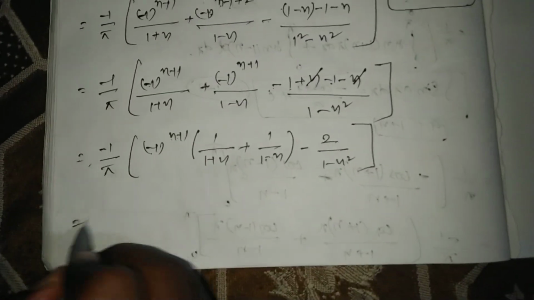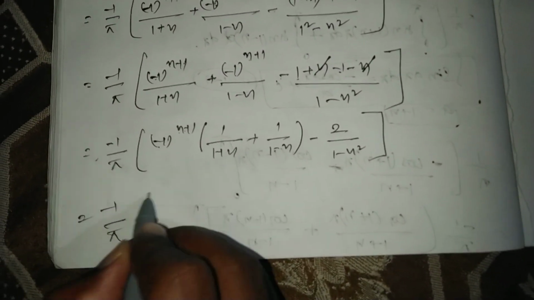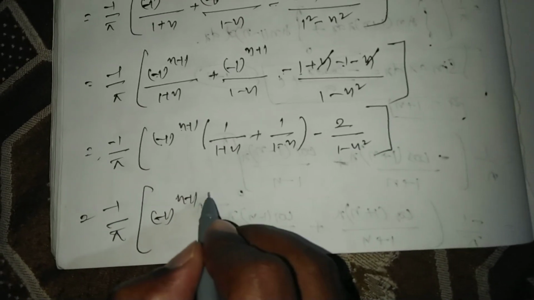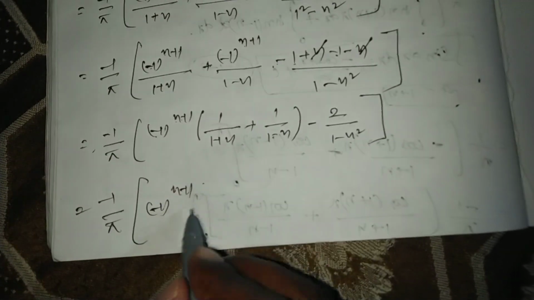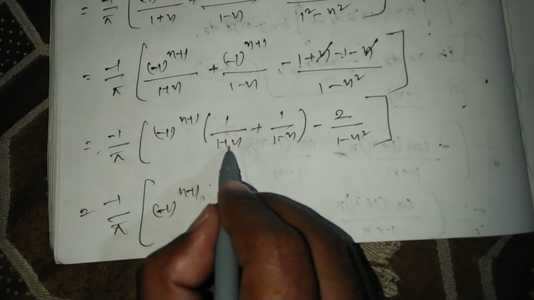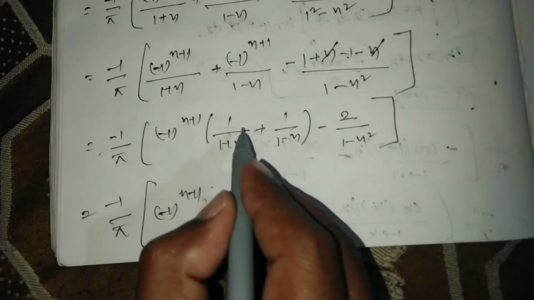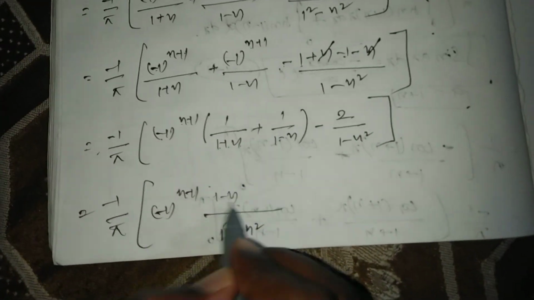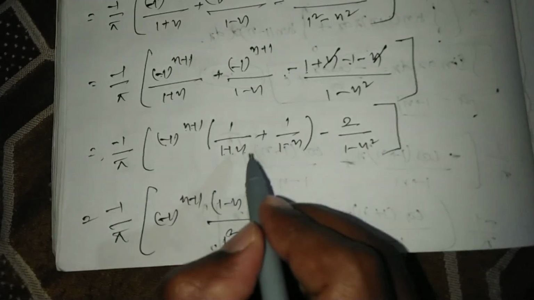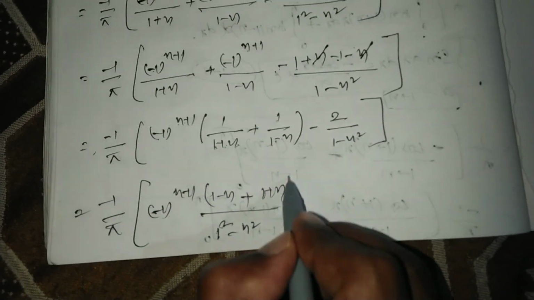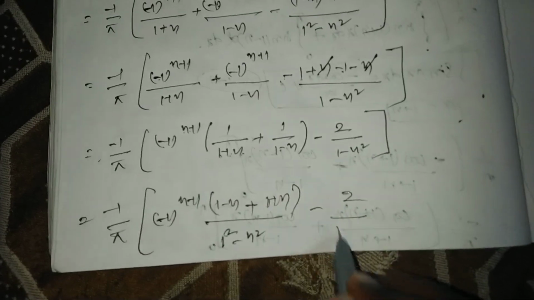The next, minus 1 by pi whole into (minus 1) power n plus 1, here is again LCM, LCM is a plus b into a minus b, that is a square minus b square, cross multiplication 1 minus n plus 1 plus n into 1, 1 plus n minus 2 by 1 minus n square.